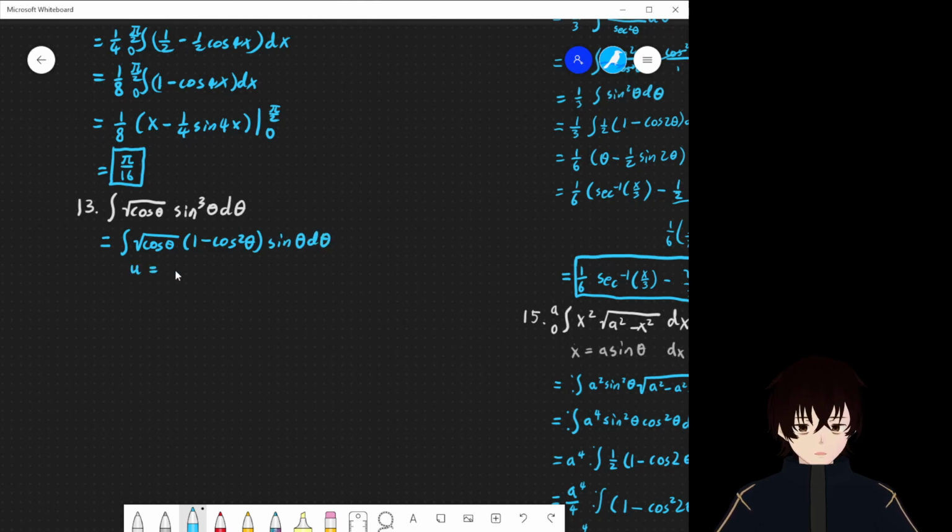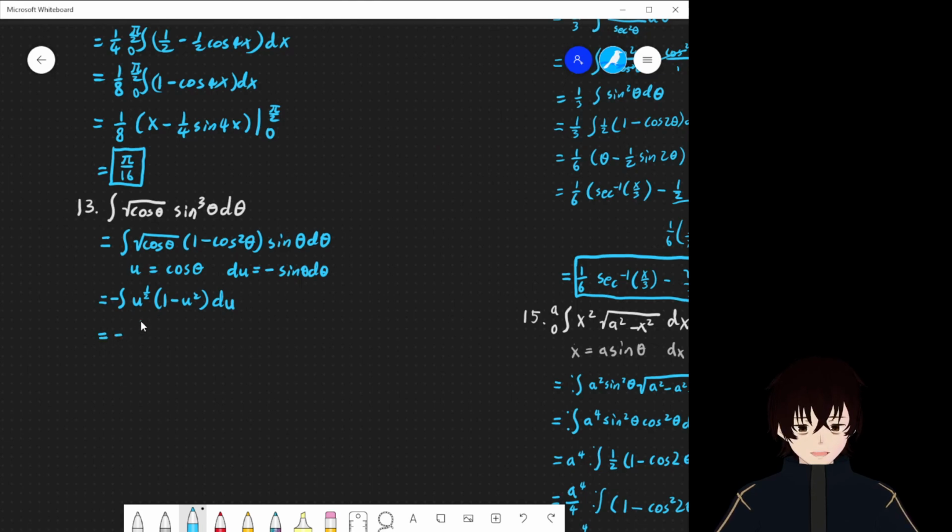Now we can do u is equal to cosine theta, so du is equal to negative sine of theta d theta. Knowing that, we can rewrite this as the integral of u to the power 1/2 times 1 minus u squared du. Of course, negative, because this is negative sine theta.